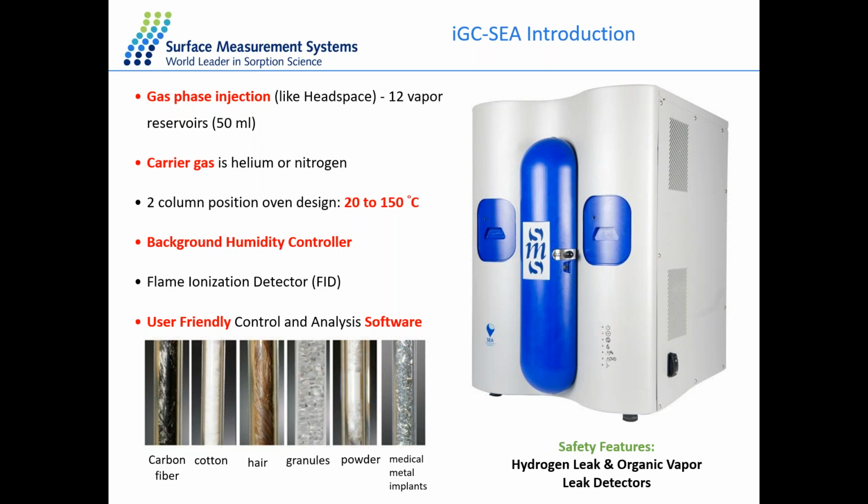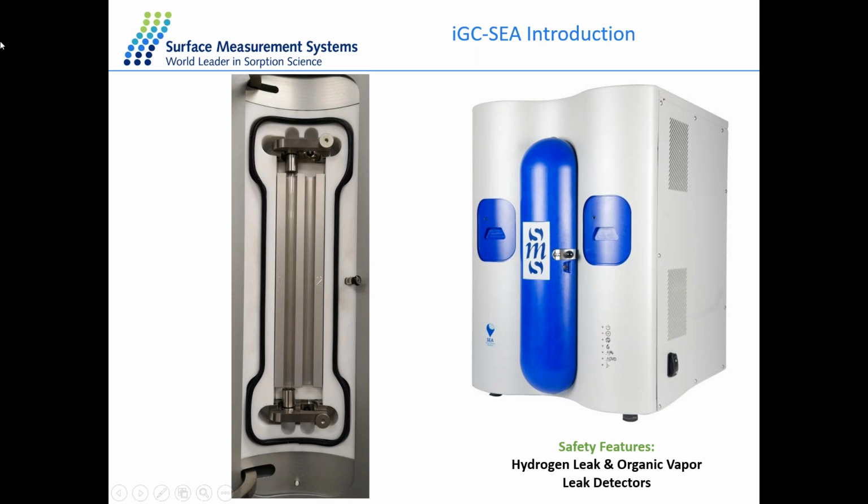Great, thank you. The next one is, how do you precondition your samples before IGC experiments? So for IGC SEA, you would pack your column and insert it into the column position, and in your experimental method, you would choose column conditioning. Effectively, that introduces your dry carrier gas through your sample for a period of time.